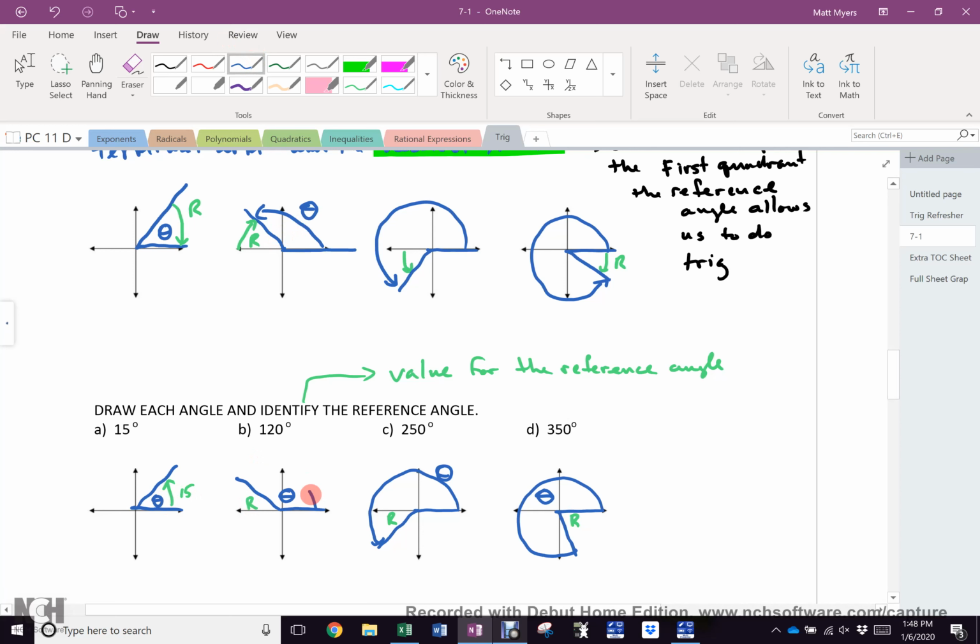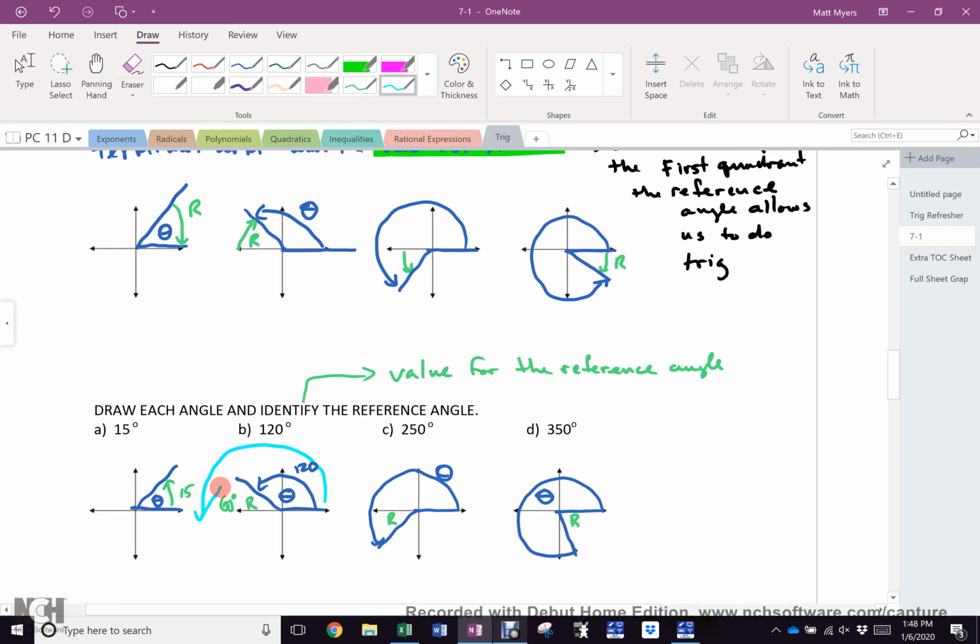So, if that is 120, what's the reference angle? 60. Why? Because you either have 0 or 180. Exactly. If I went all the way to there, it's half a circle, which is 180.